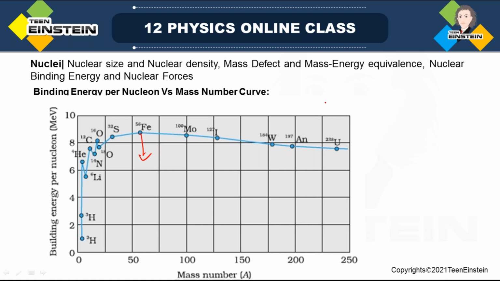The binding energy EB for iron is the highest, something like 8.8 MeV. So that's why iron is a very stable nucleus. It is not a radioactive nucleus.